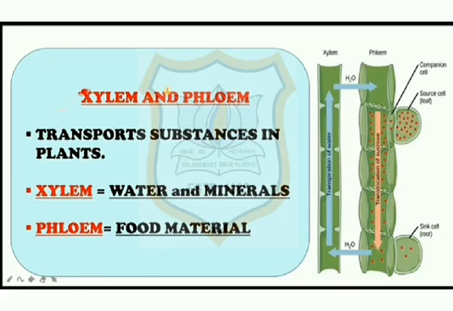The xylem transports water and the dissolved minerals upward from the roots. Evaporation of water from the leaves during transpiration produces a pulling force causing water to move up, and phloem carries the food prepared by the leaves downward to the other parts of the plant.